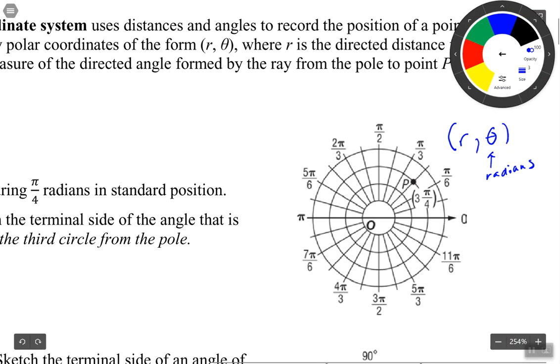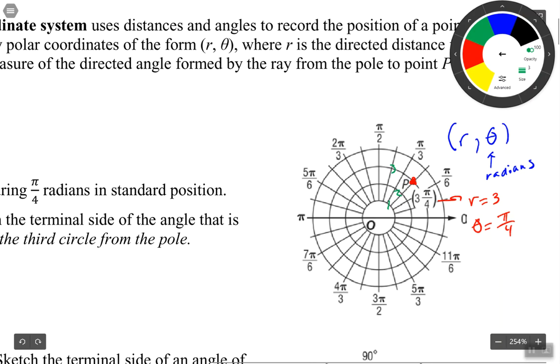And that point right there, this point right here, means the radius is 3 and the angle is pi over 4. So let's go through this. So if I'm going to do the radius, do you see that this is 1, this is 2, and that's 3?